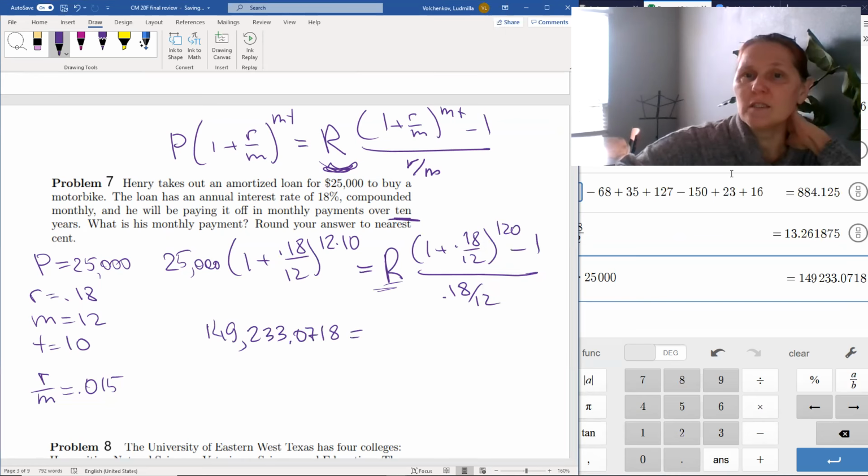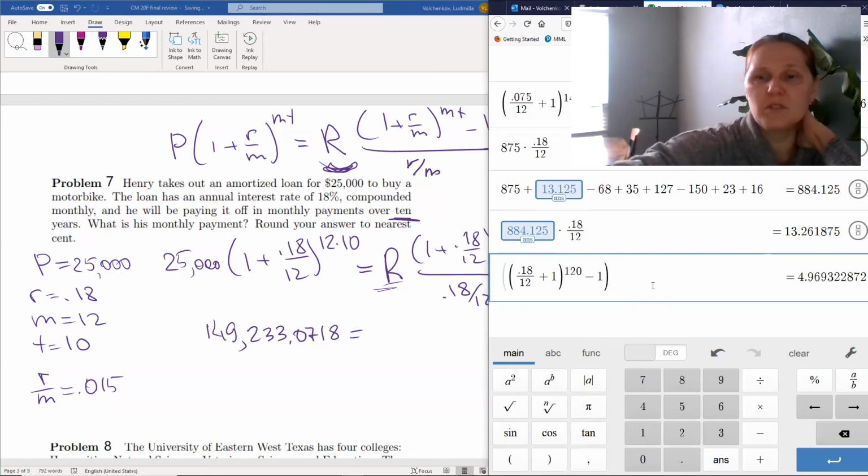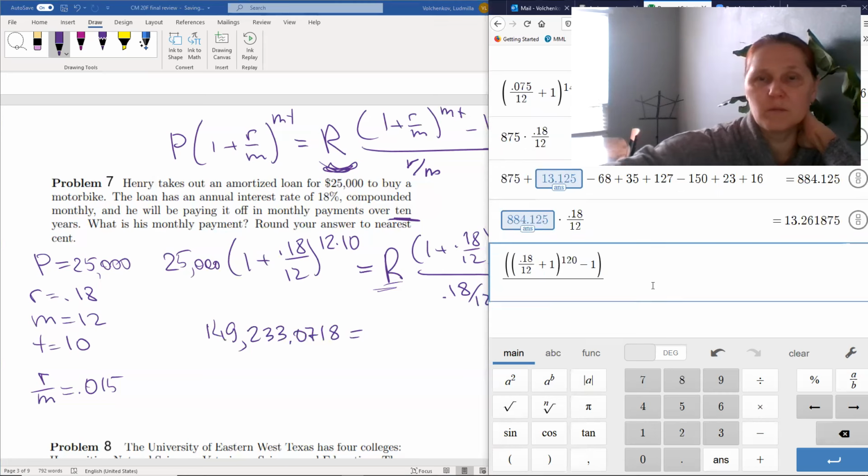And on the right side of the equation, we must subtract 1 and then we divide by R over M, which is 0.015.